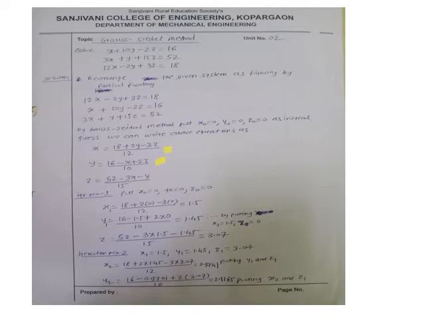So here what we did is that this is the system which is given, and this is the system which is in a partially pivoted format. Now, how is it in partially pivoted format? You can check that in the first column, 12 is the largest element, so we have shifted the third row as the first row.